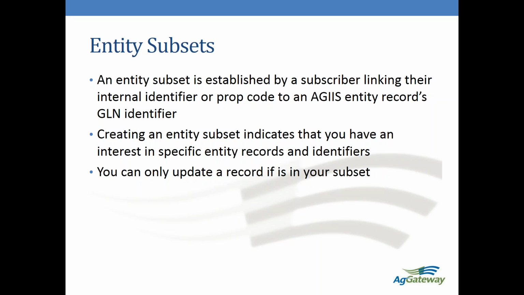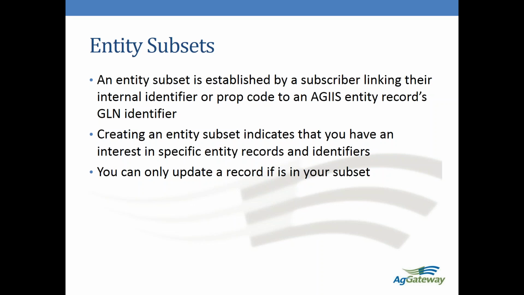Creating an entity subset basically indicates that you have an interest in a specific entity record. This subset is privy to you and the administrators of the system. No one else throughout the system can tell or know that you have an interest in that entity.